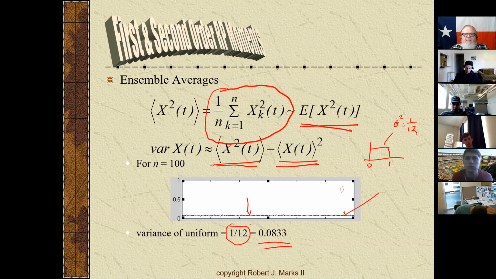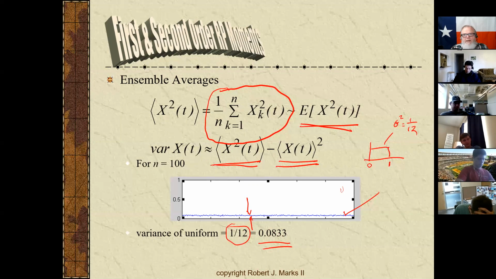And you can see that kind of looks like 0.0833, right? So it does work. The ensemble average does work. So this is point statistics. These are, if you will, one random variable at a time. We're not comparing 2 random variables side by side.